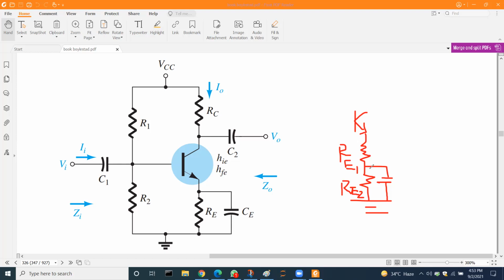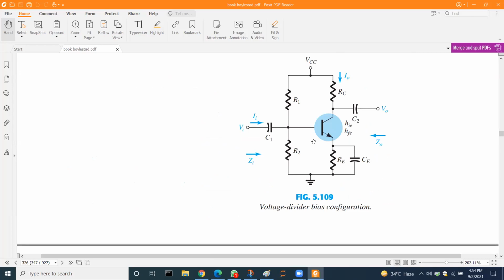So when we draw the AC circuit, this is bypassed, this is primarily a short circuit. We draw the circuit and you see this. So this is some sort of advanced question or advanced numerical problem which we can see here.